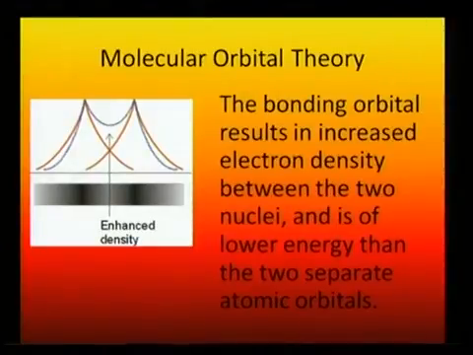Here, the bonding molecular orbital results in increased electron density between the two nuclei and is of lower energy than the two separate atomic orbitals. Here two electron waves are combining with the same sign, in the same phase, and result in increased electron density between the two nuclei, and this is called the bonding molecular orbital.